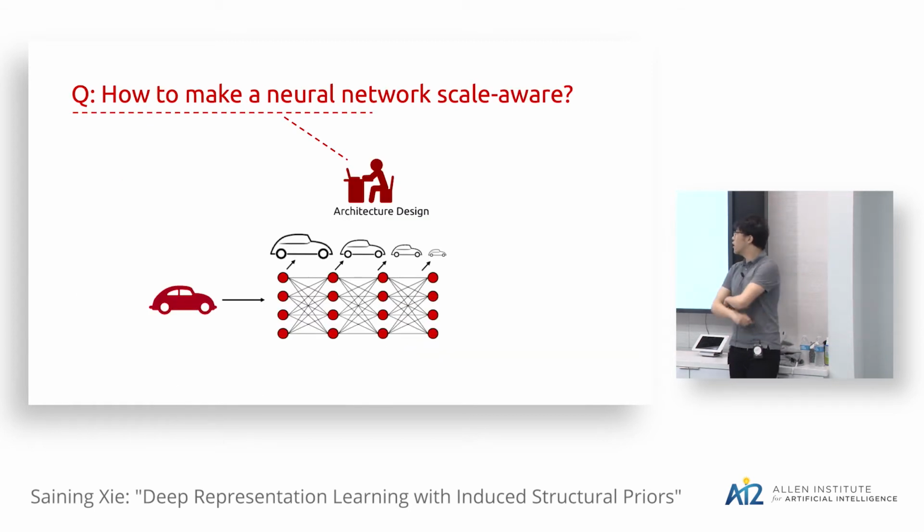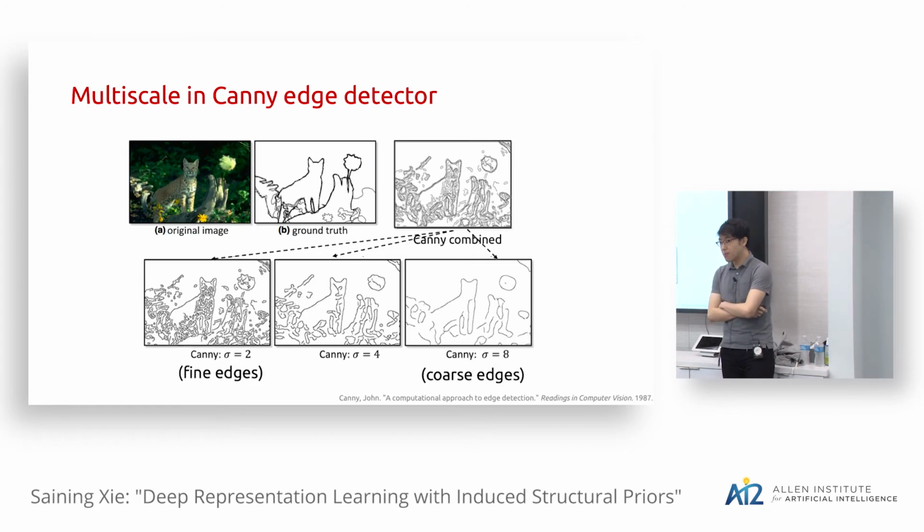Okay, so the perspective we are taking here, the main focus of the holistic nested edge detection work, is how we can make neural networks scale aware. So why is multiscale really important for edges? People have studied this from neuroscience and cognitive science perspectives, and it has been shown that multiscale is really important.